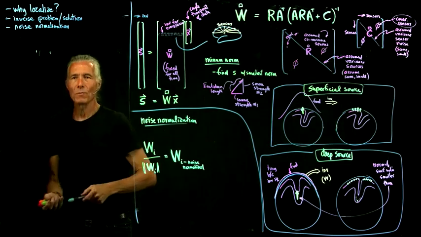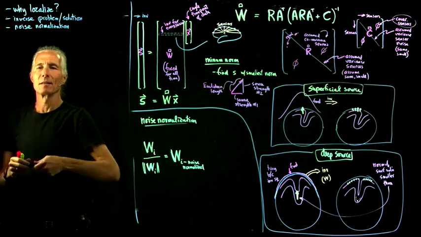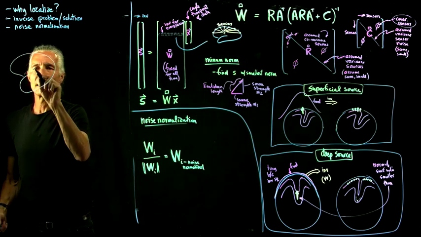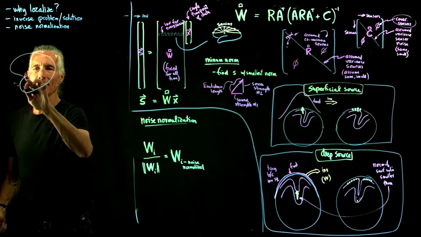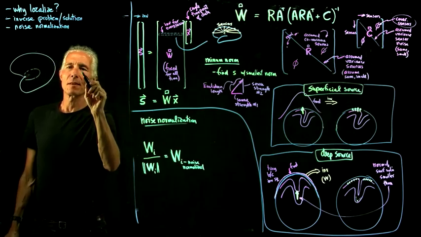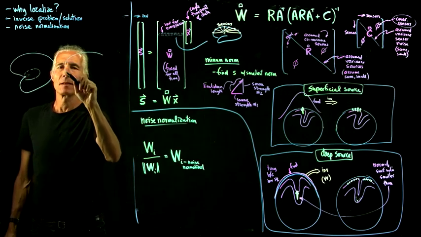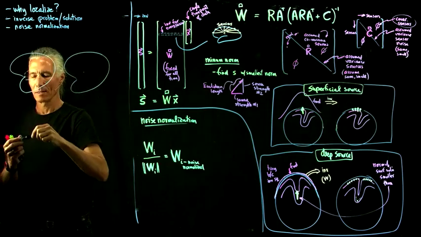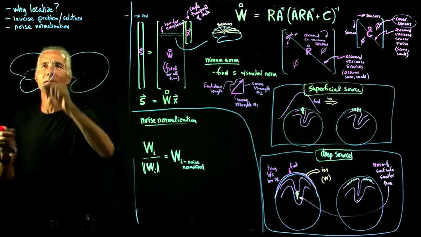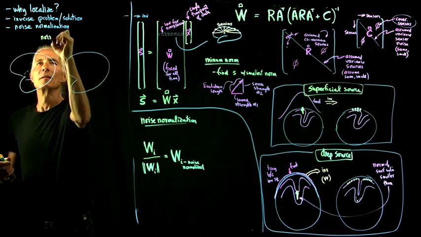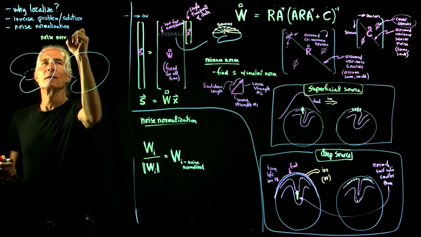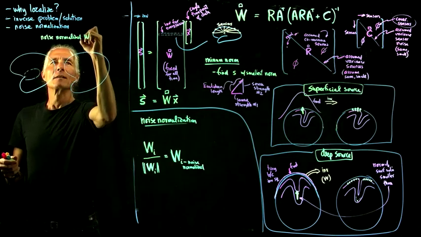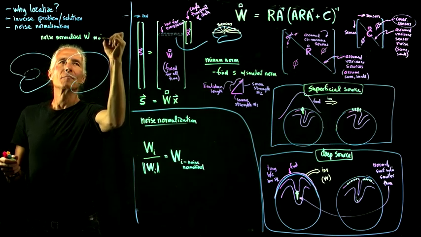And so what's going to happen is, say this is the insula where you have some deep sources. If we start off with a superficial source, this is noise-normalized W modeling.